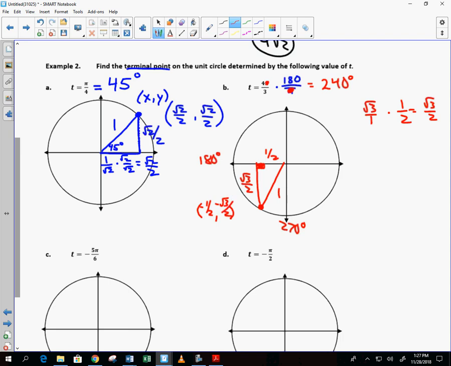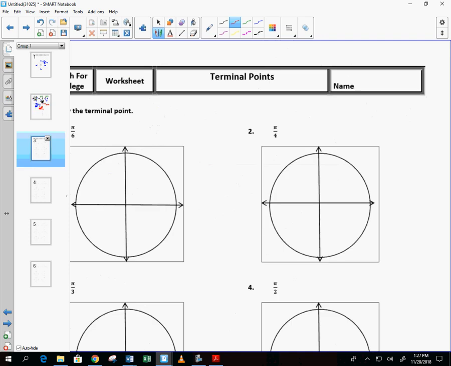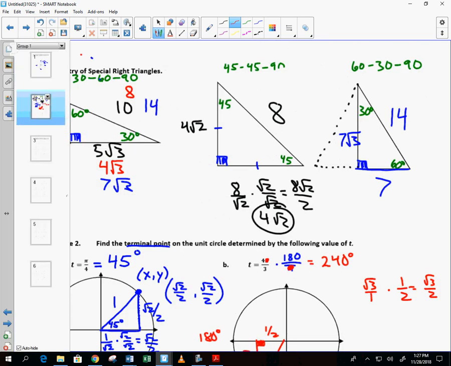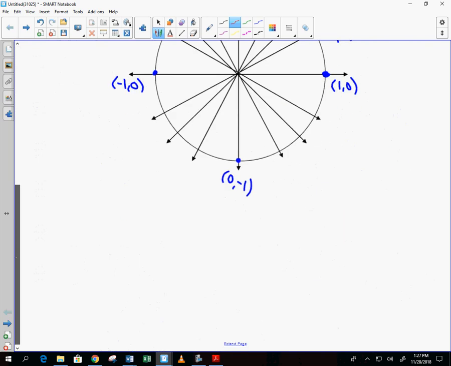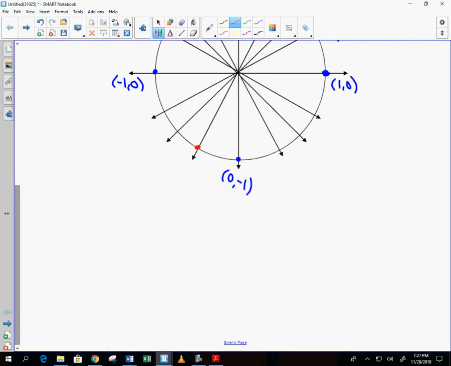Negative root of 3 over 2. That's your terminal point. What did I just do? I just found for 240 degrees, that coordinate right there is negative 1/2, negative root of 3 over 2. That's what I just found out.